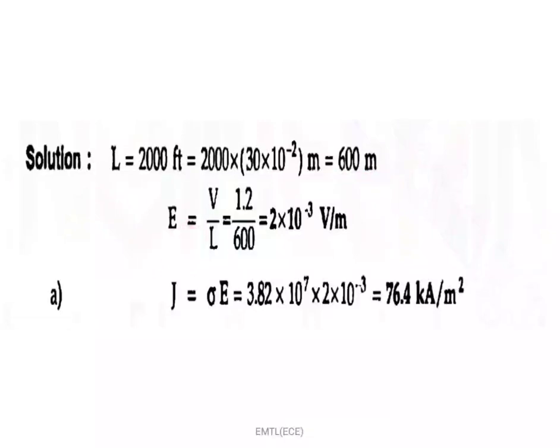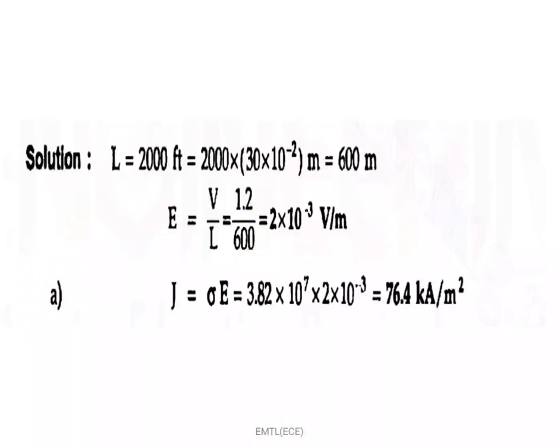Electric field intensity is equal to potential by length. Here the potential value is 1.2 and the length of the aluminum conductor is 600 meters. So 1.2 by 600 is equal to 2 into 10 power minus 3 volt per meter.